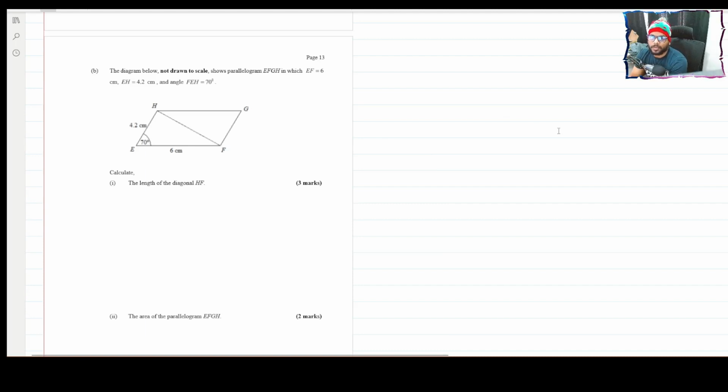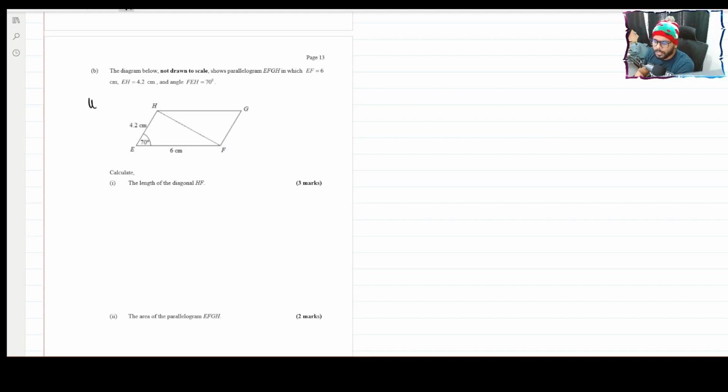So this is by no way a right angle triangle, so I cannot use Pythagoras' theorem, and I cannot use sine theta, cos theta, and tan theta, the ratios of opposite, adjacent, and hypotenuse. That's only for right angle triangles. I can use sine rule and cosine rule. This particular question satisfies the cosine rule because I have two sides and the angle between the two sides. So I can use the cosine rule to calculate the length of the missing side.